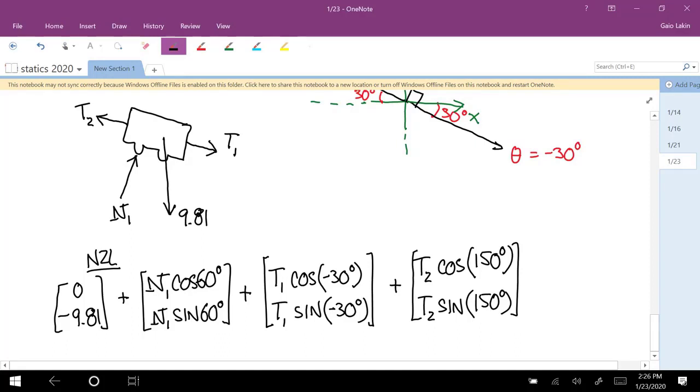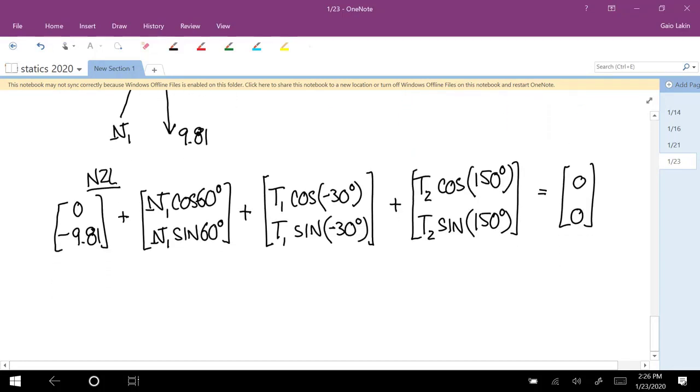What's the acceleration? 0, yep. So that's what we're always going to have in statics. And so we have an x equation that says, let's see, cosine of 60 degrees is 0.5.